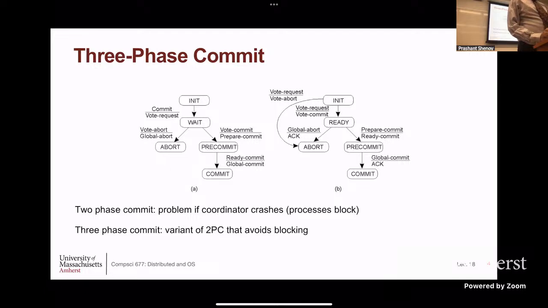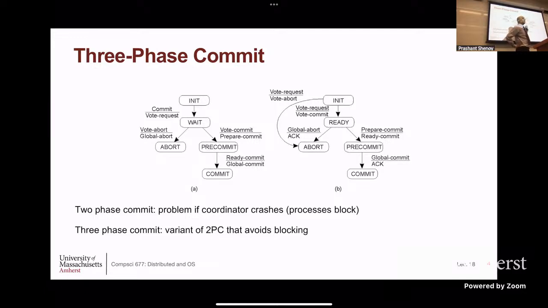It prevents a situation where, in the presence of crashes, some participants will go into abort and others will go into commit. That will not occur in this case. So if you find yourself in the init state and the coordinator crashes, you can always abort because voting hasn't even started, so that's safe.